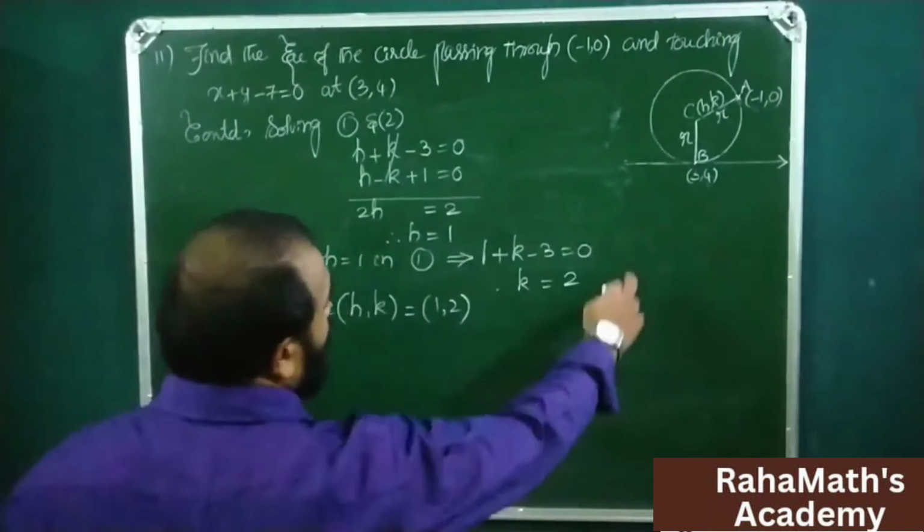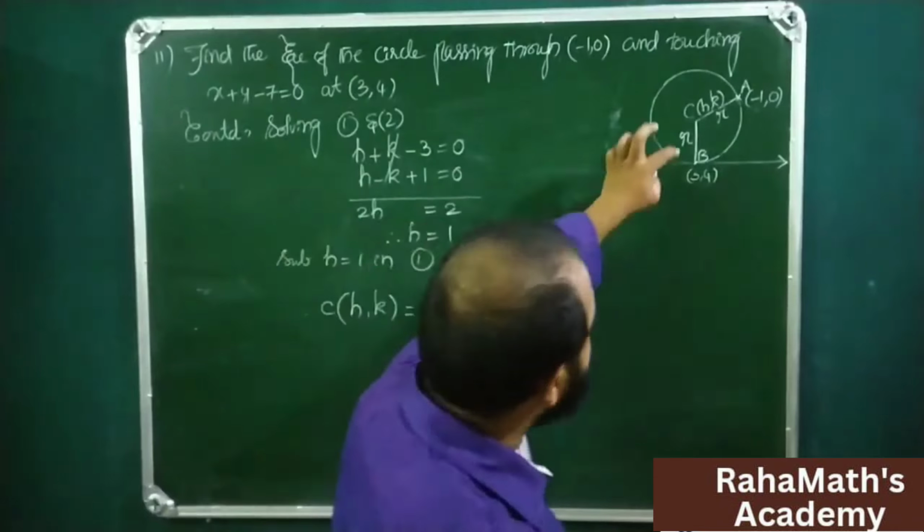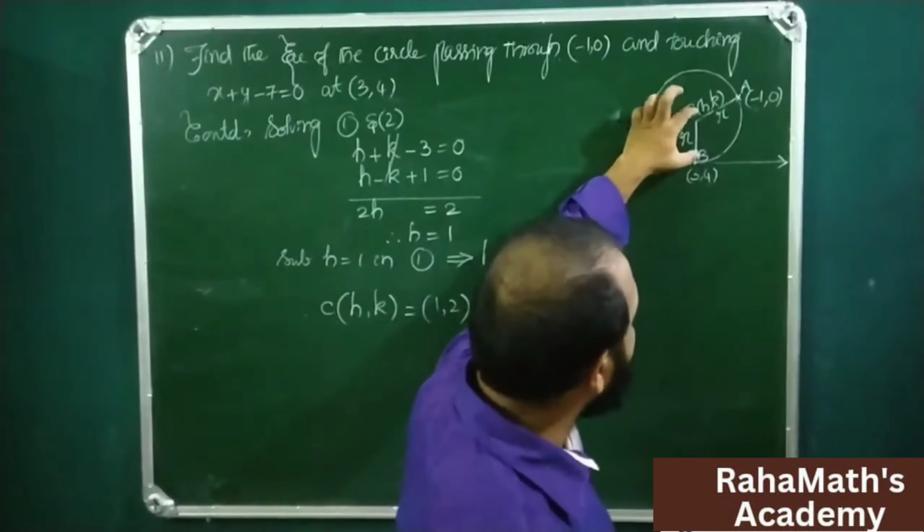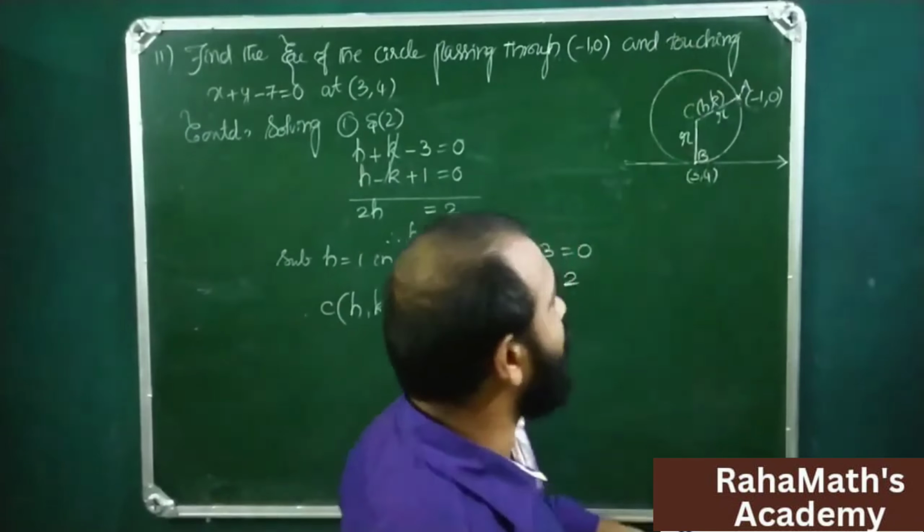Now to obtain the radius, the distance from this point to this point or this point to this point gives the same answer.